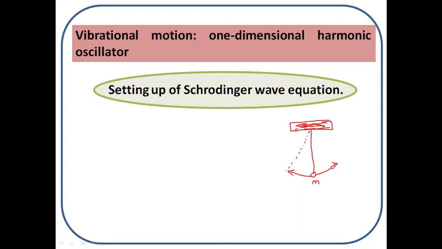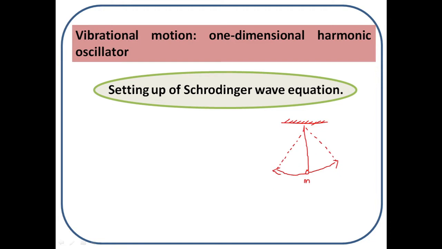That is, this is the extreme left and this is the extreme right of the oscillation. Such a system is an approximation to a simple harmonic oscillator, or such a system will execute what is called a simple harmonic motion.